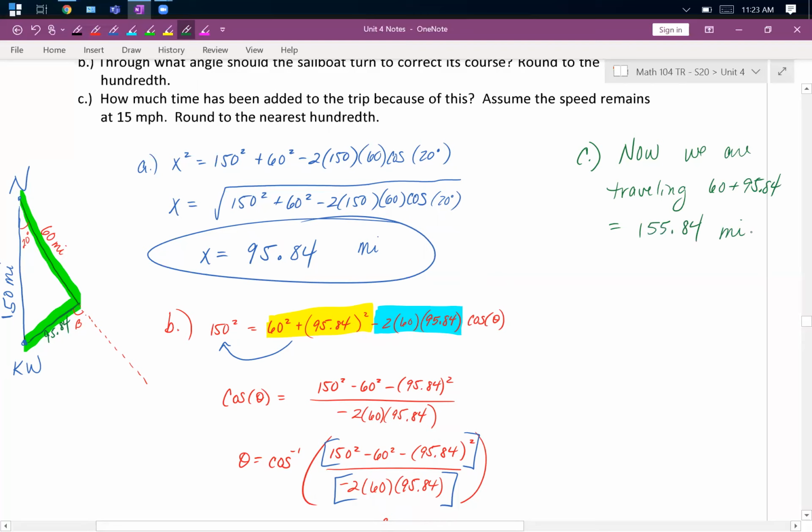So now we're traveling that much more, which is 5.84 miles more than planned.